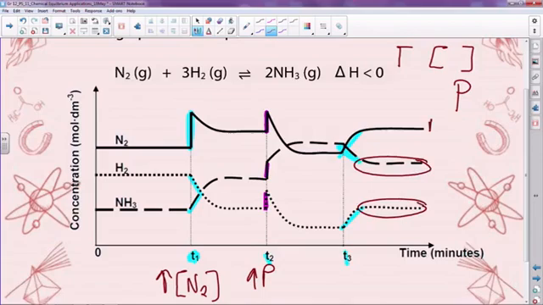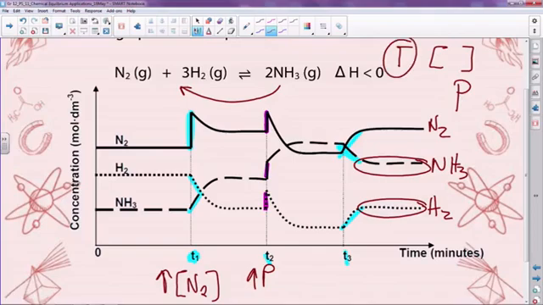Remember this is N2, this is the NH3, this is the H2, going backwards. The N2 and H2 increased how much they had than what we had before we made the change, and the NH3 got less than what I had before I made the change. So whatever I did favored the reverse reaction, and it's a gentle change, so everything had to change together. Only thing that's going to do that is temperature.